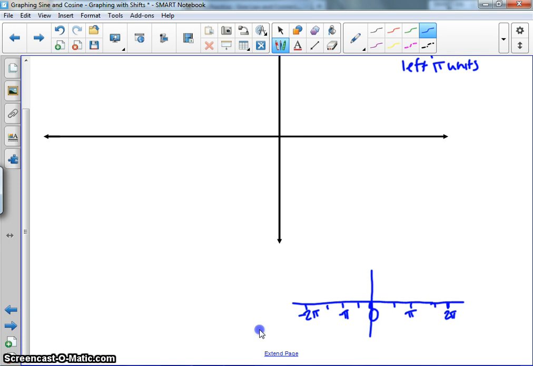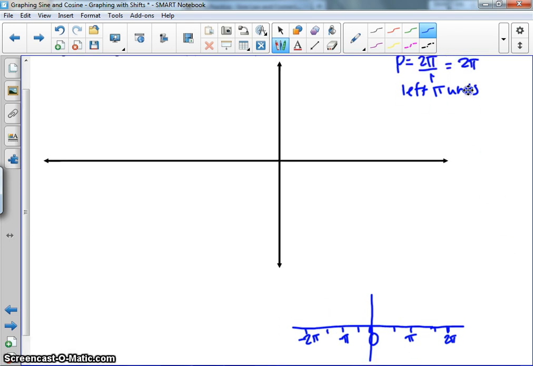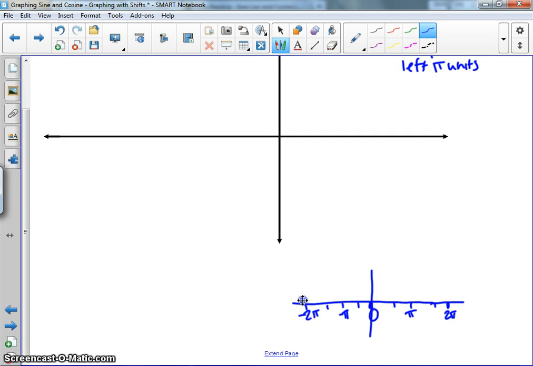That's a point that we always graph to. And so when I go left pi units, what I'm really doing to each of these values is, where the point would be at negative 2 pi, I'm going to subtract pi from it, and now that's where that point is going to go. And so I'm going to take each one of these values and subtract pi from it.